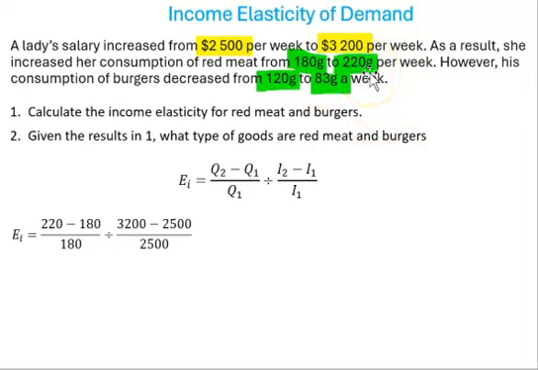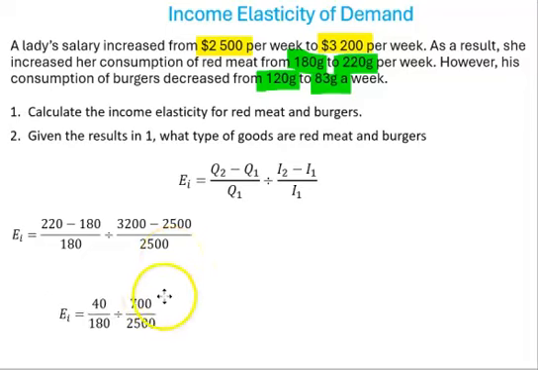So it's 220 minus 180 divided by 180, divided by the change in income, which is I2, 3,200, minus I1, 2,500, divided by 2,500.